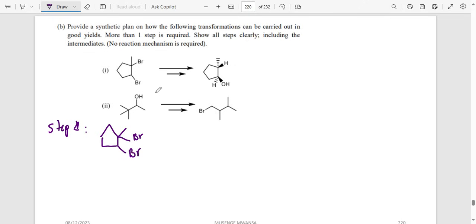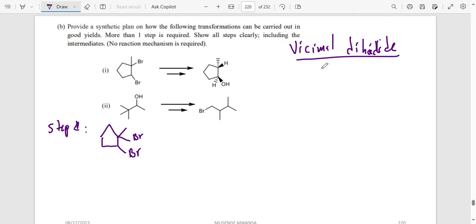Now, the mechanism that I'm going to use is what is known as Vismo, sorry, Vismo dihalide.